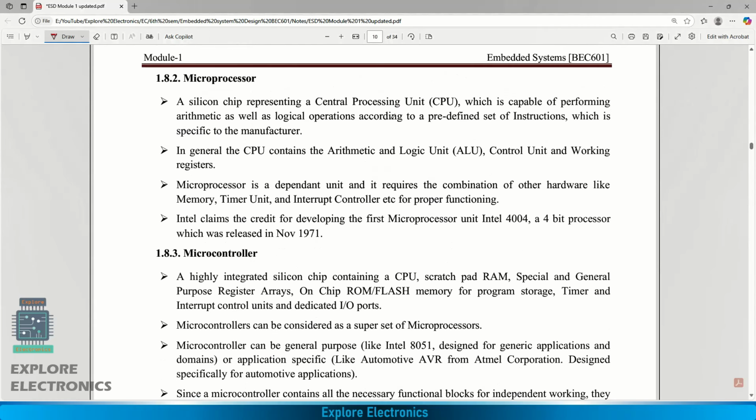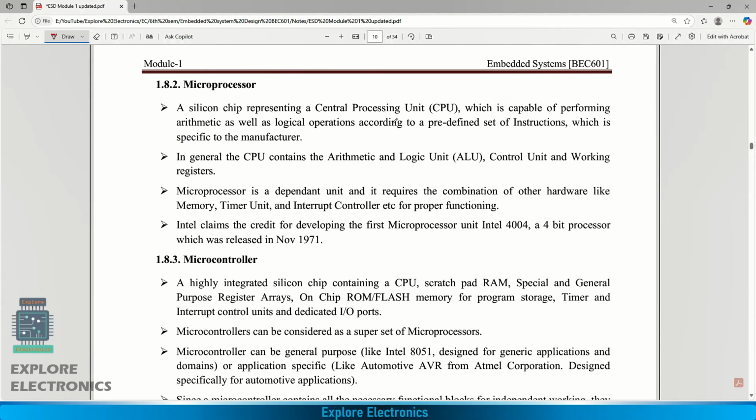Then comes the microprocessor and microcontrollers. You know, microprocessors will have a CPU, will have an ALU, and we can connect memory to this as an external device. But a microcontroller will have everything inside. CPU will be there, RAM also will be there, ROM, flash memory will be there, and timers, counters, everything will be there.